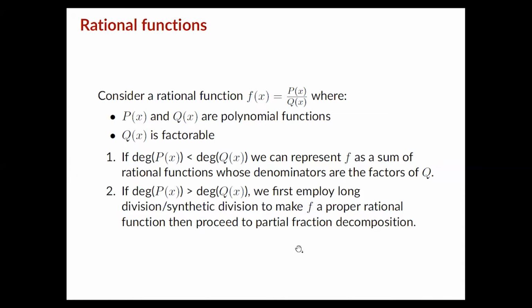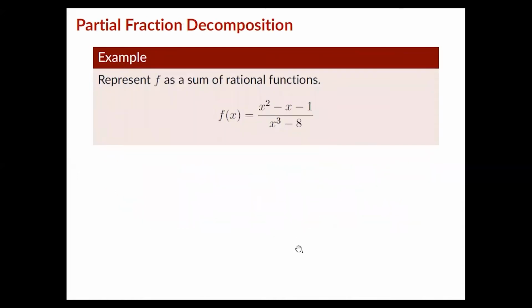As an example, suppose we have this f as a rational function, f of x equals x squared minus x minus 1 over x cubed minus 8. We are asked to represent this as a sum of rational functions. Take note na ang x cubed minus 8 here is factorable, and kaya natin itong split into two fractions na may denominators na factors ni x cubed minus 8.